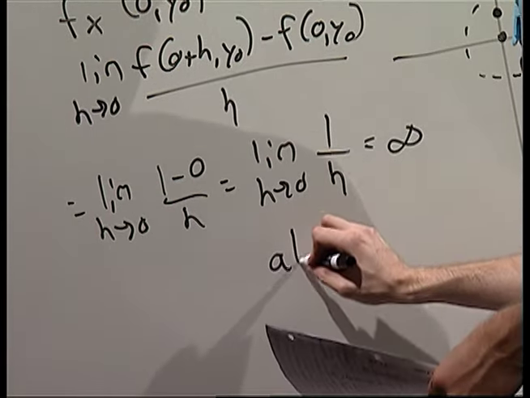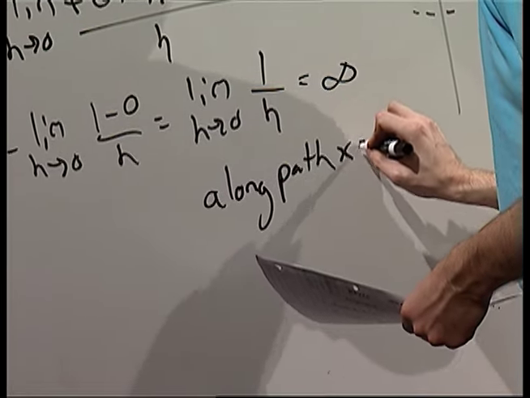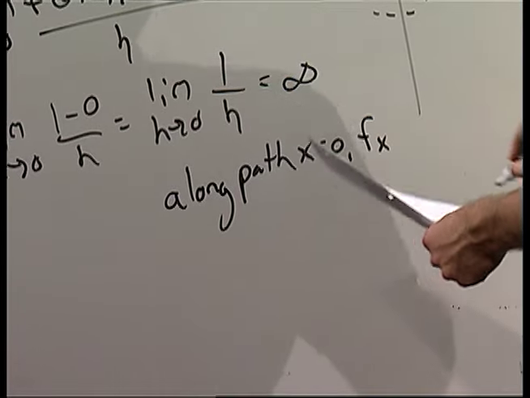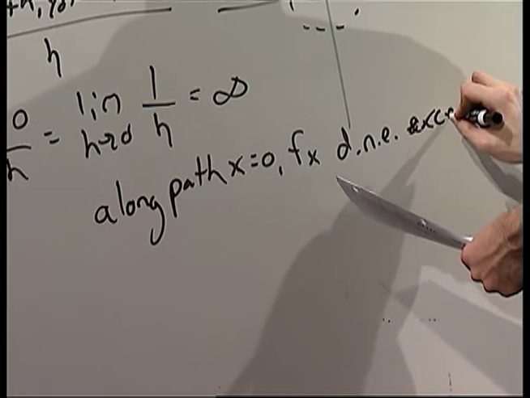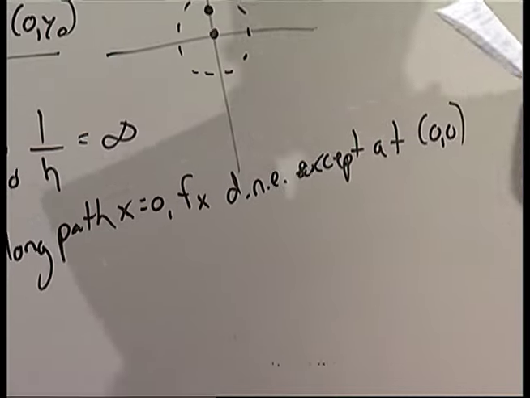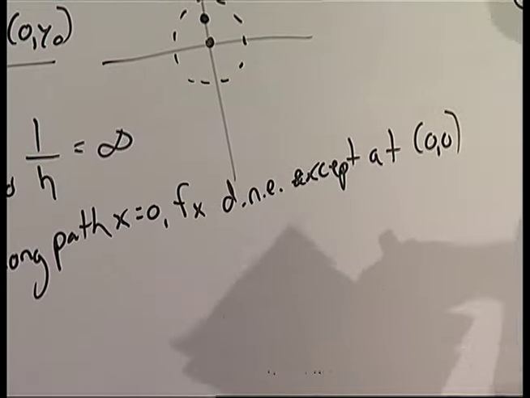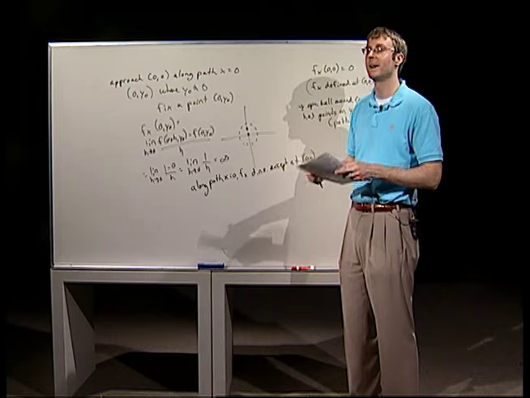So the bottom line, along the path x equals 0, the partial with respect to x does not exist except at (0,0). It's the only place along that path that it exists. There is no other existence of the partials along there, right?